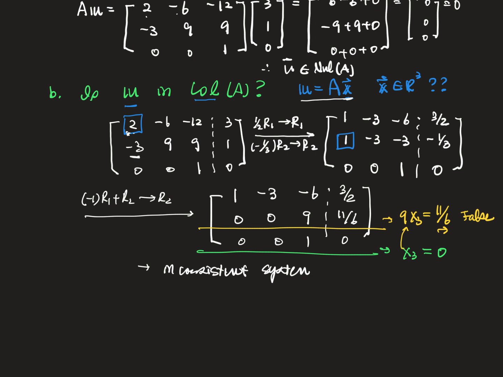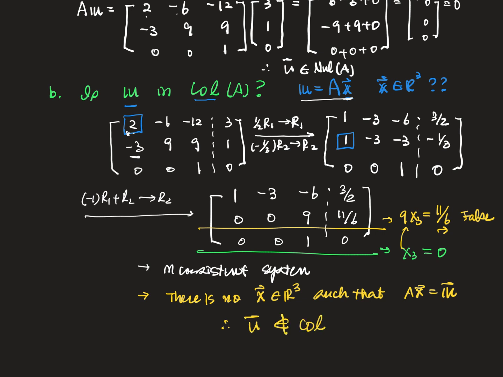Which means, guys, you can conclude there is no x vector in R3 such that Ax equals U, which means U is not in the column space of A. That's the conclusion, guys, okay? That's what we talked about: null space and column space.